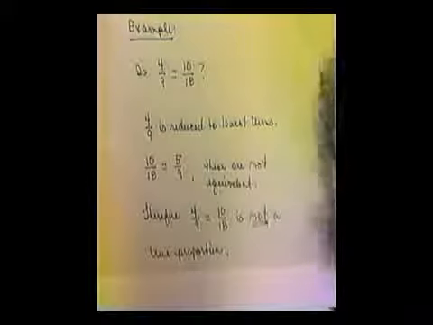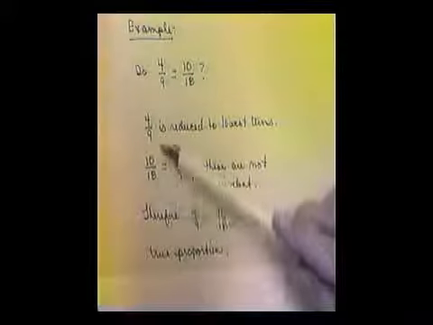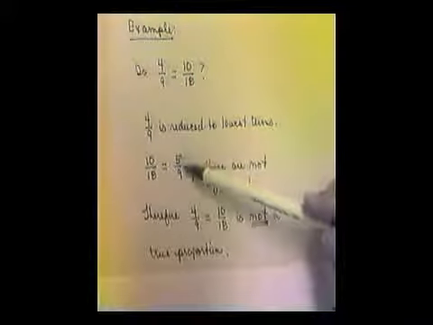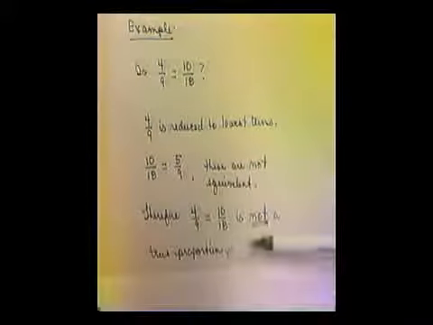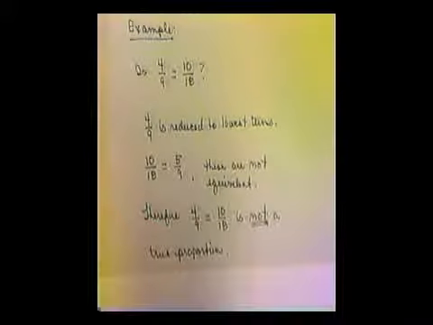If we look at these, 4/9 and 5/9 are not equivalent. Therefore, 4/9 equals 10/18 is not a true proportion. We reduced them both, found they are not equivalent, therefore they are not a true proportion.